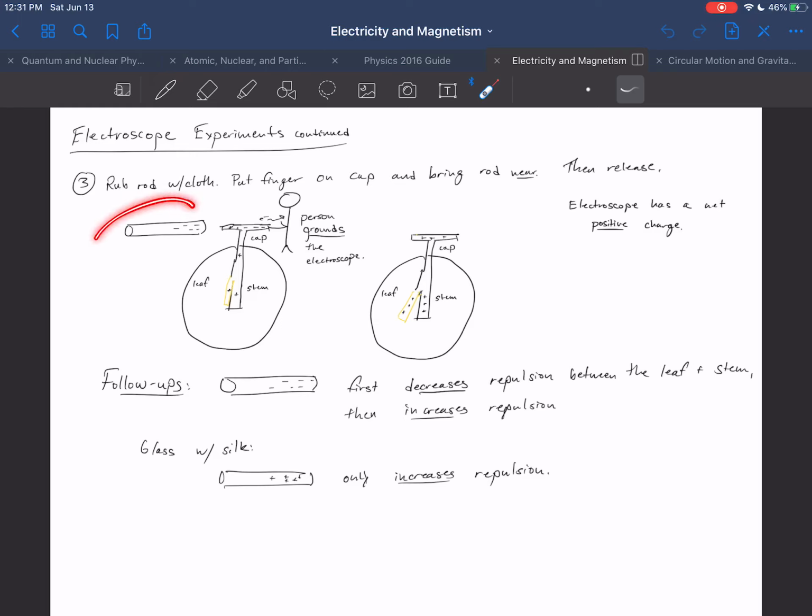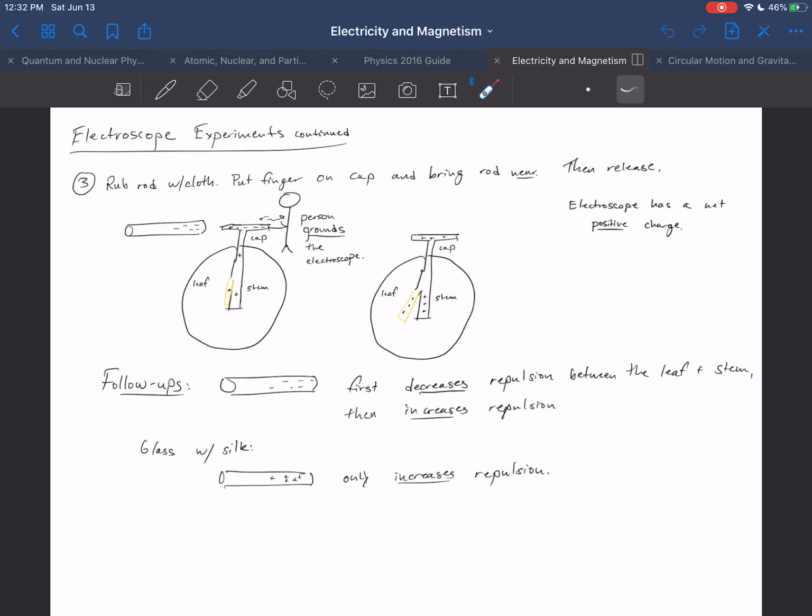You're going to take that negatively charged rod, and at the same time, you're going to ground the electroscope. So another person or another hand is grounding the electroscope at the same time. When that rod is brought near, those electrons in the rod repel the electrons in the electroscope.